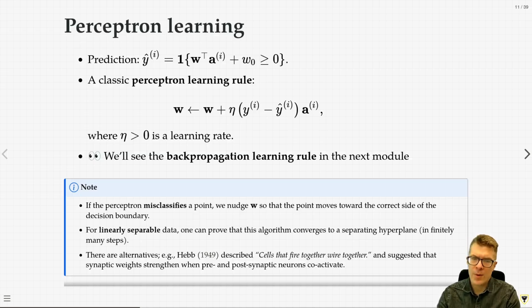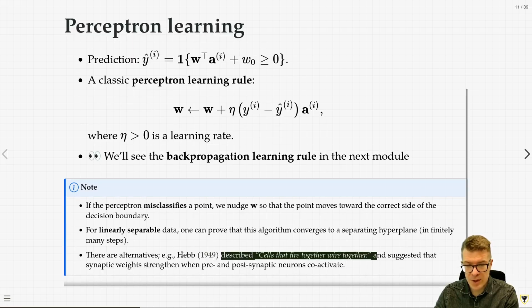We're probably going to come back to associative learning in a future module, which has different pros and cons than backpropagation learning does. It's also interesting because, like some of this early work, it was heavily inspired by biology. There's some biological plausibility that this is how, at least in part, humans and other animals learn.